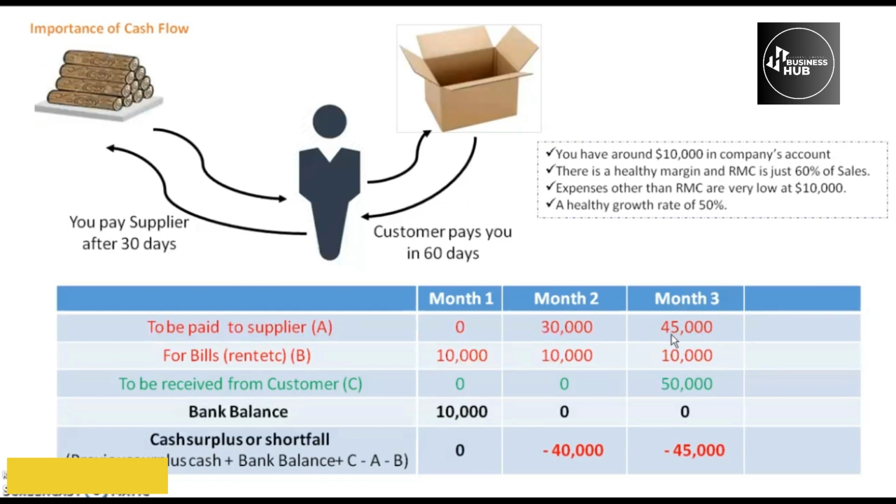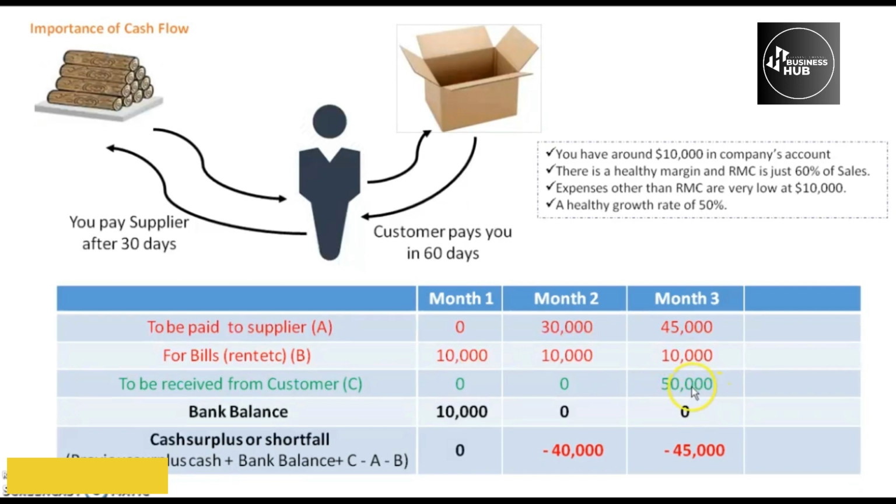And that $10,000 rent still remains. Finally, your customer has given you the $50,000 which he or she purchased from you in the first month. That is, 60 days are over and they have sent you the $50,000 check that you're supposed to receive.